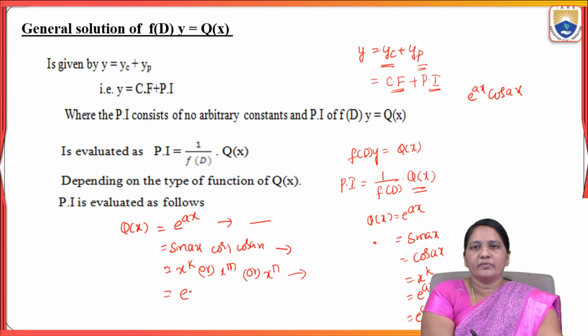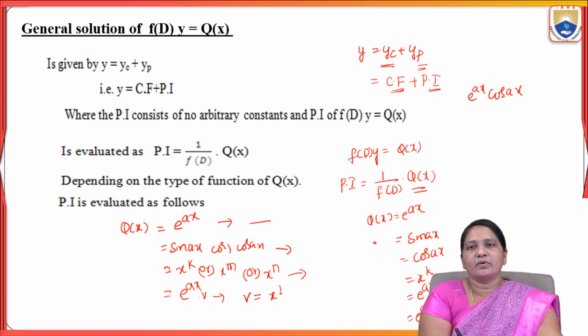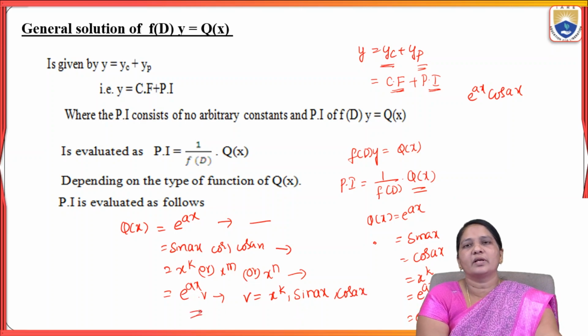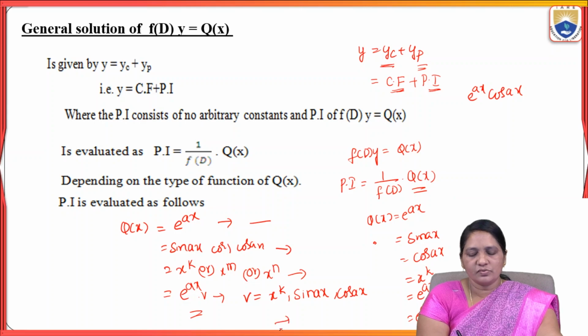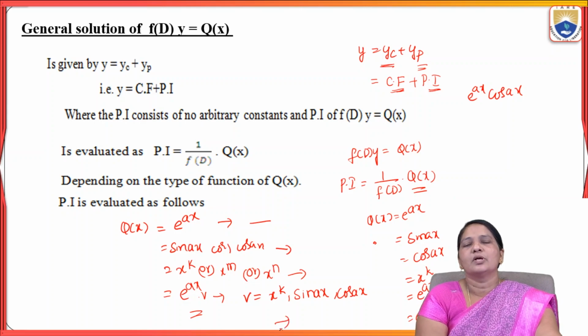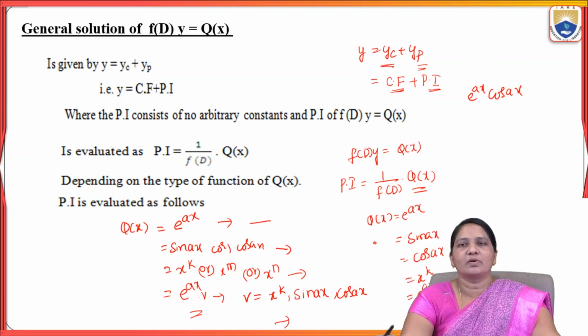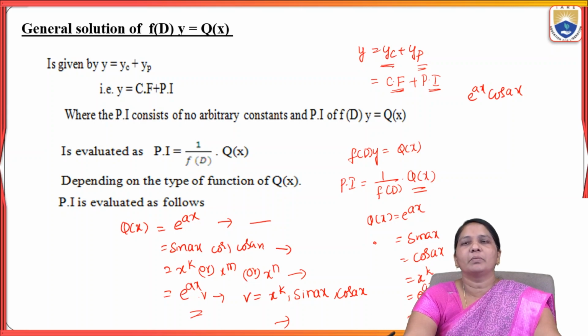Like that, if you have e power ax into V, that means in place of V we can have x power k, or sin ax, or cos ax, then for this also we have a different procedure. So based on the Q of x value, we have different methods.